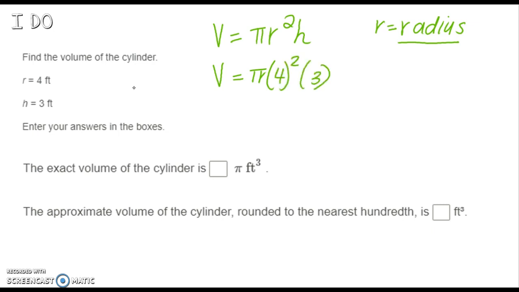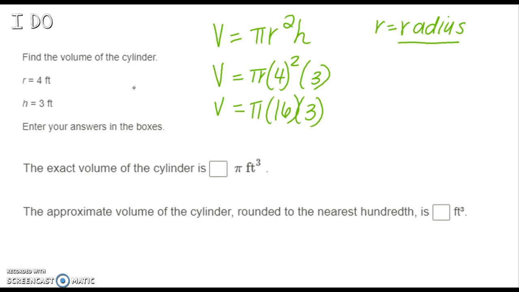So to find the exact volume of the cylinder, we're going to square 4. So 4 times 4 is 16. And then we're going to multiply that by 3. When we're looking at volume, I would really encourage you to make sure that you have a calculator available to you.